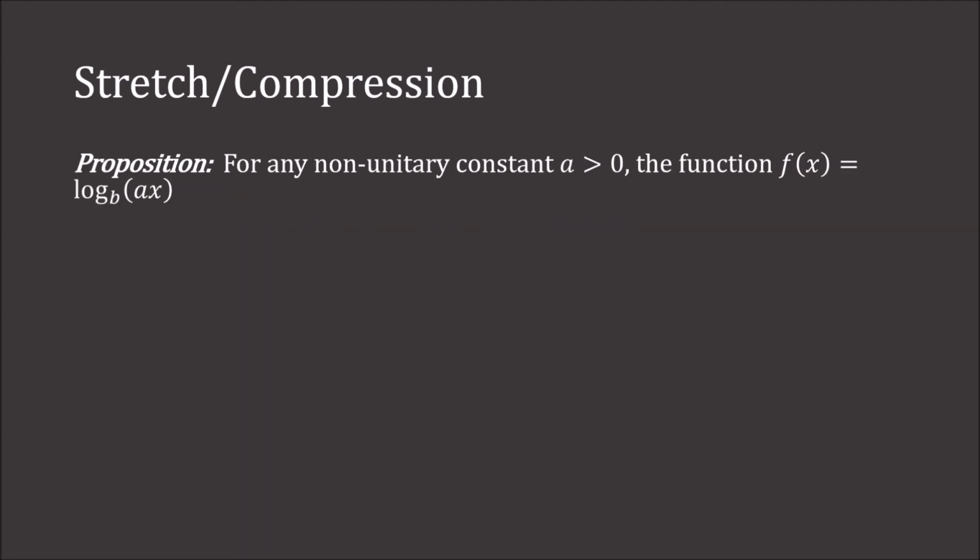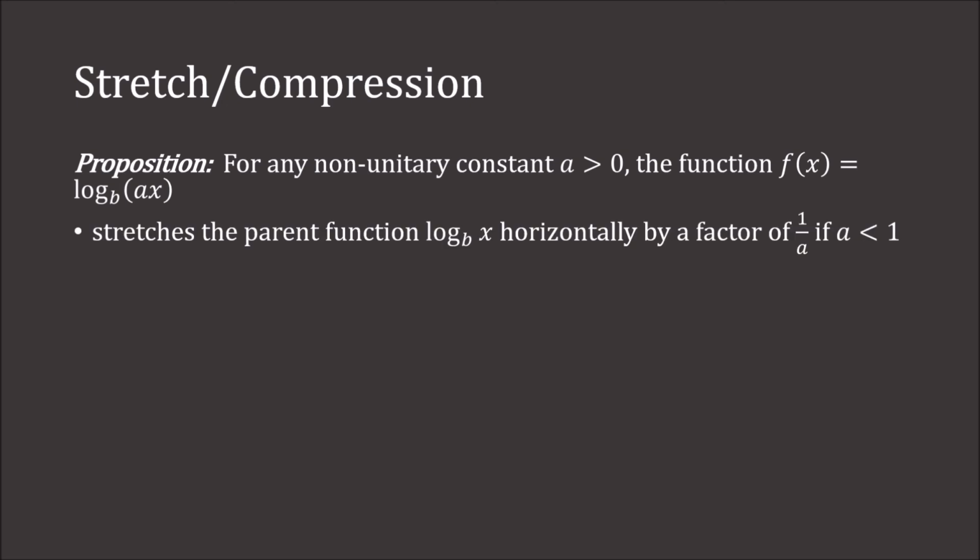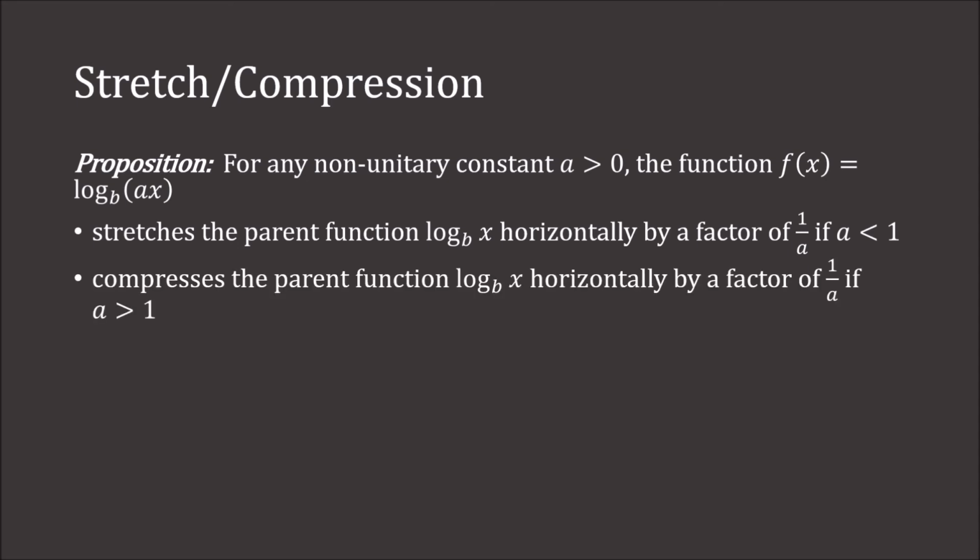For any non-unitary constant a greater than 0, the function f of x equals log base b of ax will stretch the parent function log base b of x horizontally by a factor of 1 over a if a is less than 1. It'll compress the parent function horizontally by a factor of 1 over a if a is greater than 1.